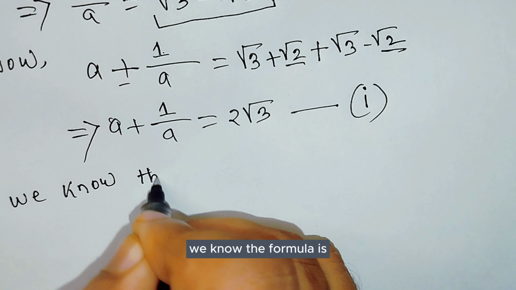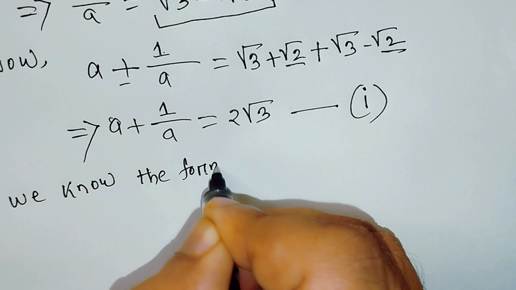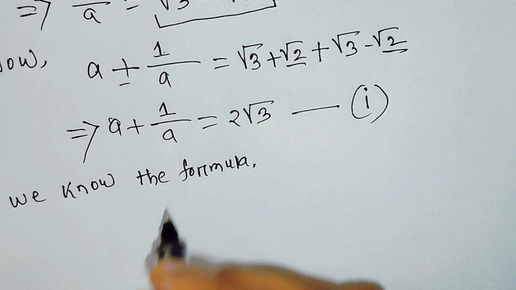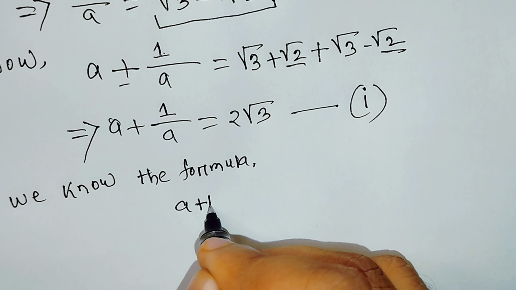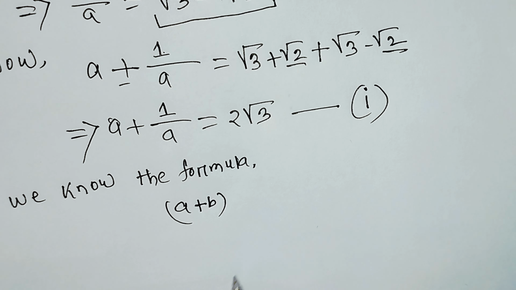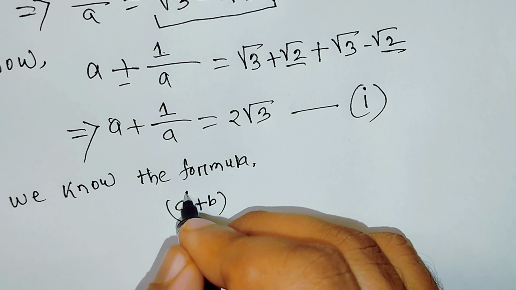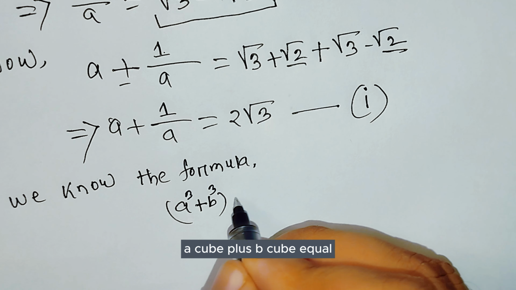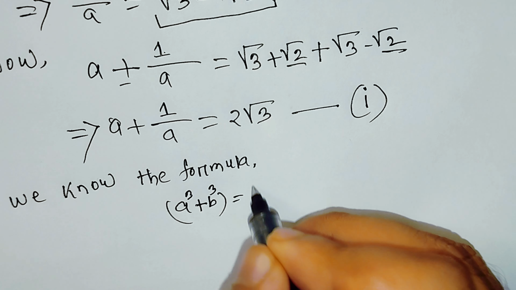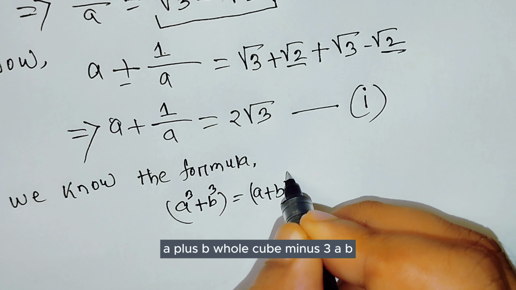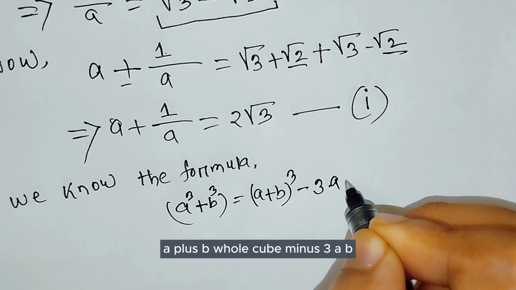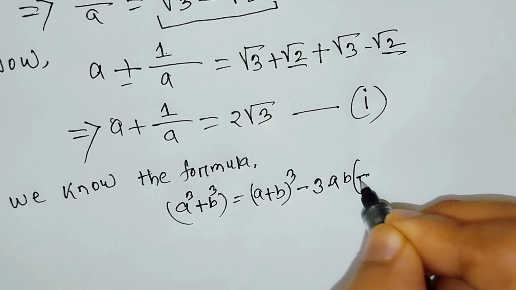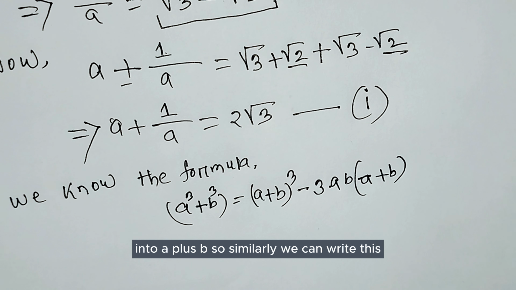We know the formula: a cube plus b cube equals (a plus b) whole cube minus 3ab times (a plus b).